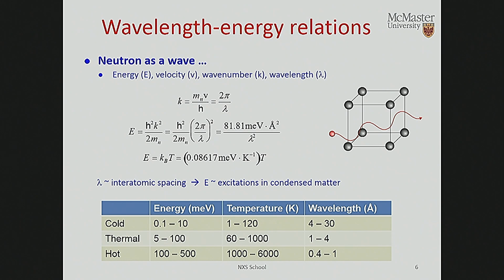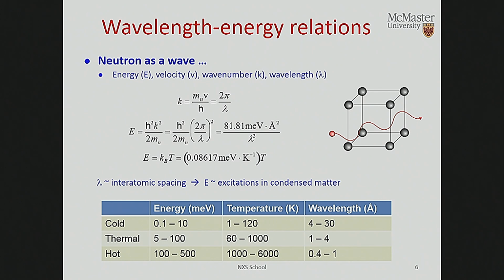So cold neutrons have long wavelengths, and that means that they're very good for determining structures that are relatively large. So macromolecular structures, long wavelength structures. Okay? So cold neutrons go very well together with nanostructure, for example. And if the wavelengths are long, then the energies are small.